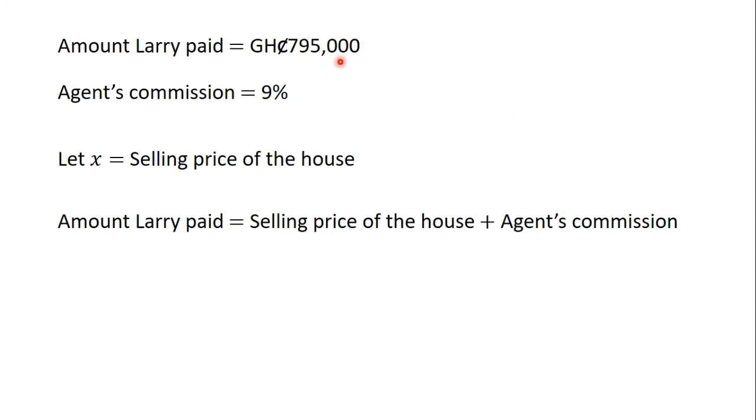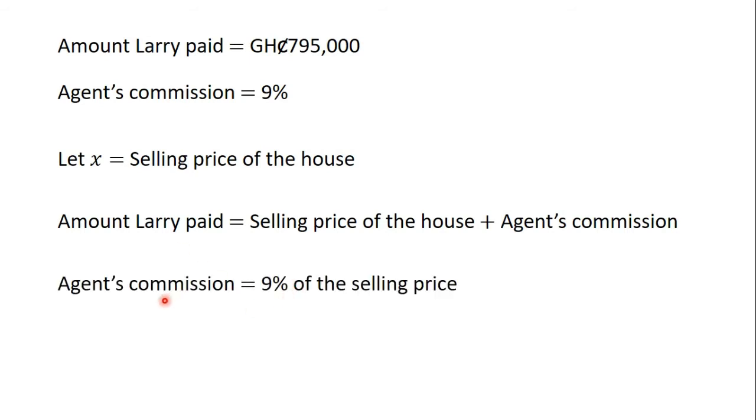We know that the total amount Larry paid is 795,000 Ghana cedis, and we want to calculate for the selling price of the house. We were told that the agent's commission is 9% of the selling price. 9% of the selling price will give us the agent's commission. We have let X represent the selling price of the house.